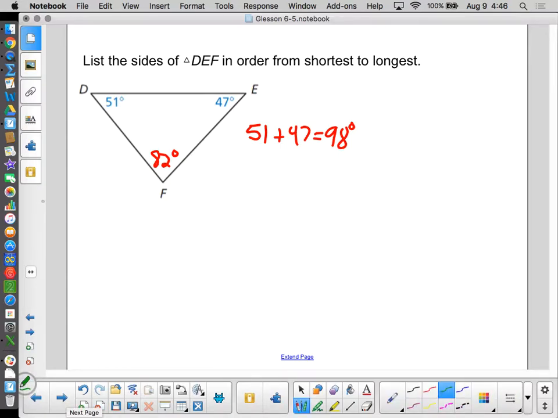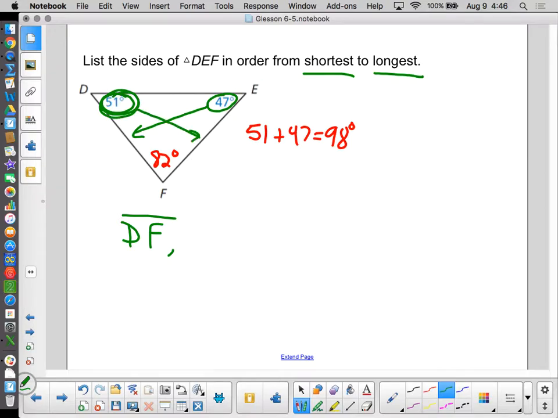Now, given that, and I want to go from shortest to longest, I'm just going to list the sides. What would be the shortest side? Well, I have to identify what the smallest angle is. The smallest angle is a 47, so the shortest side must be DF. What's the next longest side? Well, what's the next largest angle? The next largest angle is the 51.